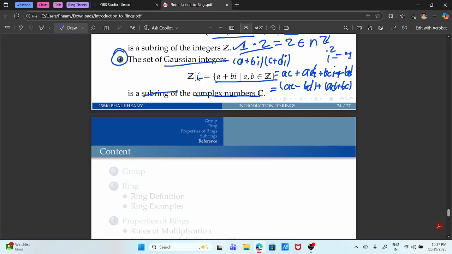It is of the form of set I also. It belongs to set I. So this means a times b belongs to set I. So the first condition and the second condition hold, so set I is a subring of the complex numbers.